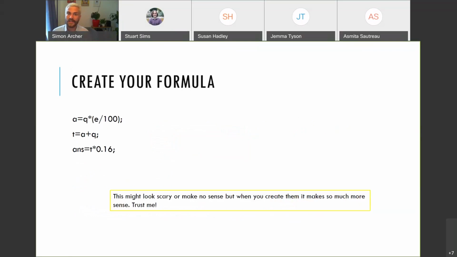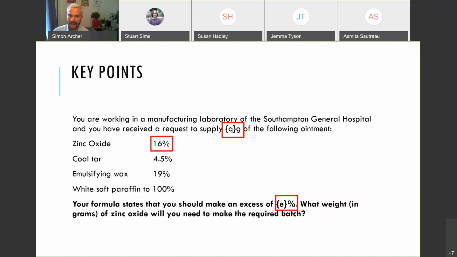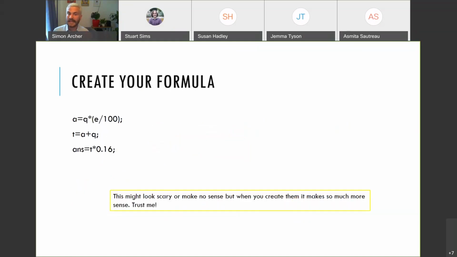Compared to the first one, because my variable E, I had to do a little bit of maths with E divided by 100. But with my fixed variable, I can just type the number in. So my total quantity multiplied by the percentage of zinc oxide, 16%, will give me my answer, or ans. That is what the student would be calculating.